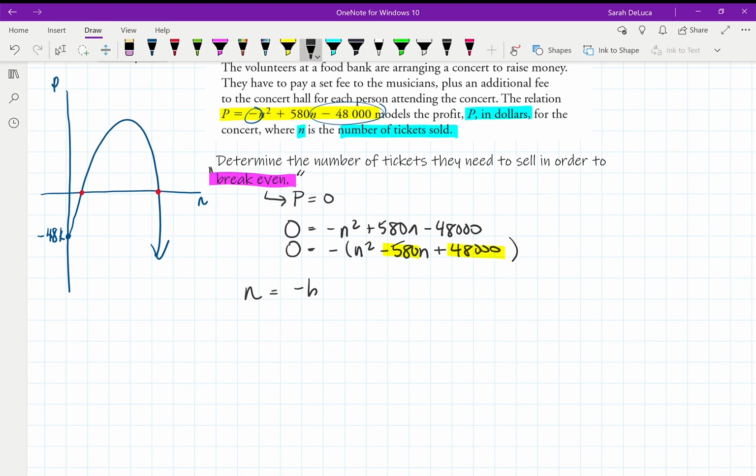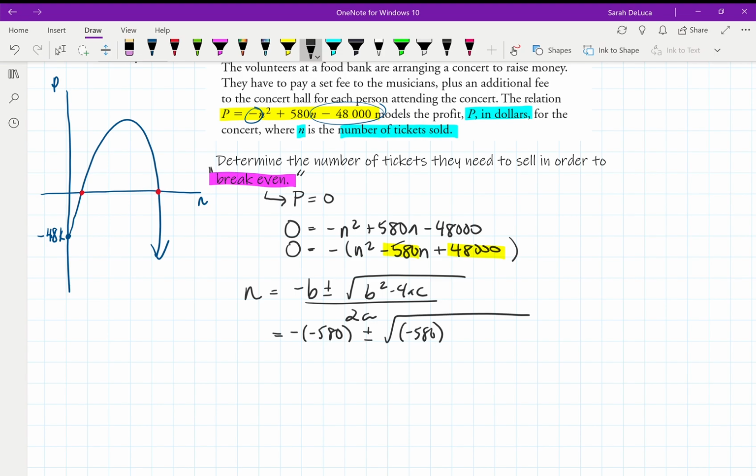Always start with the formula first, and then we will plug in. So negative b is the negative of negative 580, so that's going to be positive. And then we have b squared minus 4 times a times c, all over 2 times a, which is 1.